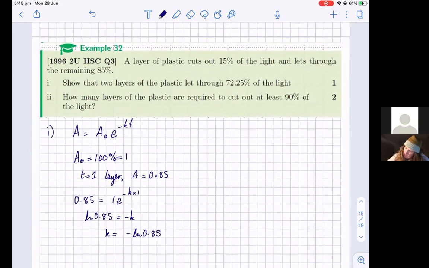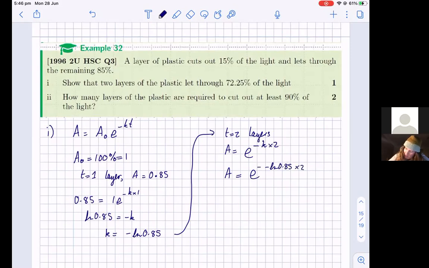Assuming this is the case, then t equals 2 layers. A equals e to the minus k times 2. So a equals e to the minus negative ln 0.85 times 2.